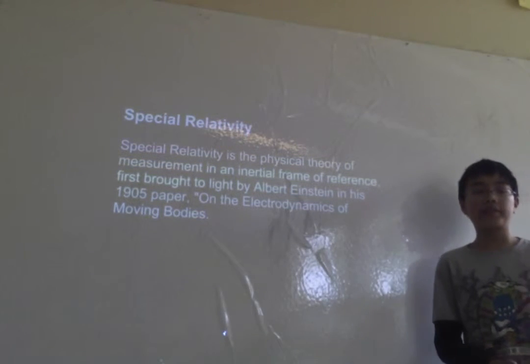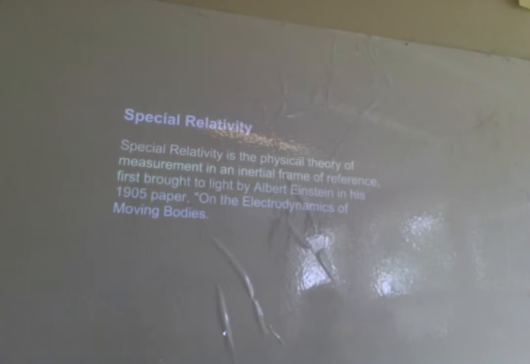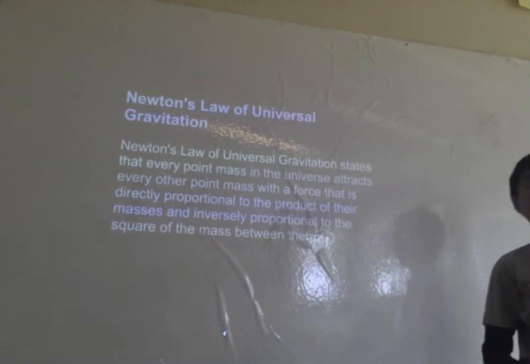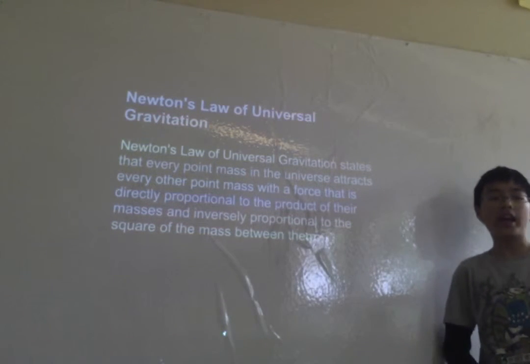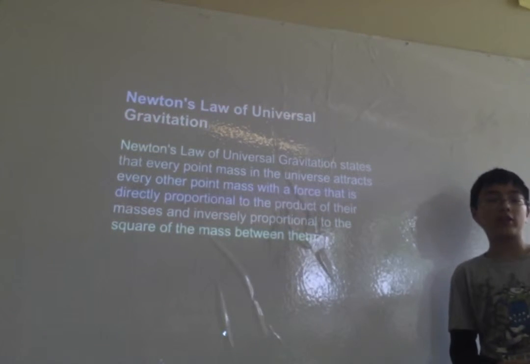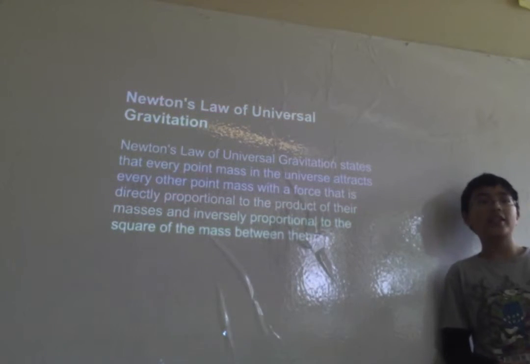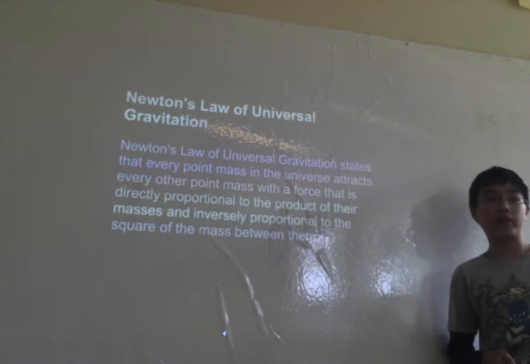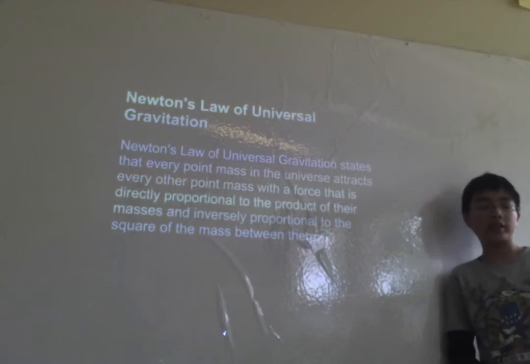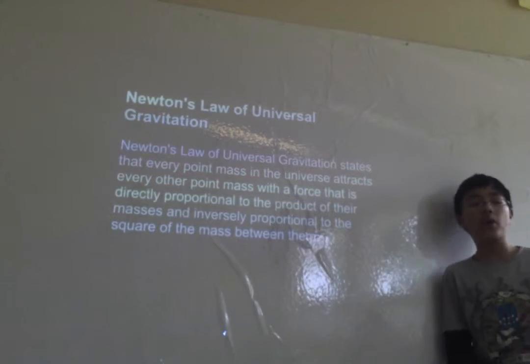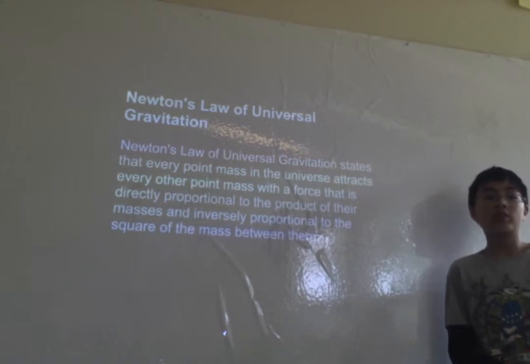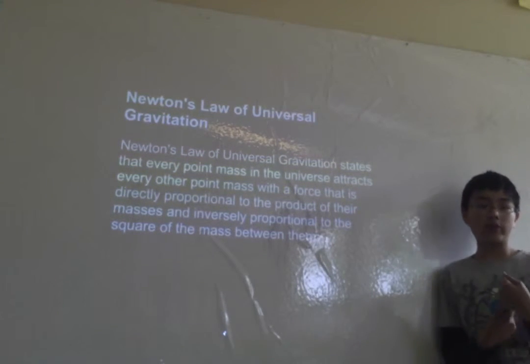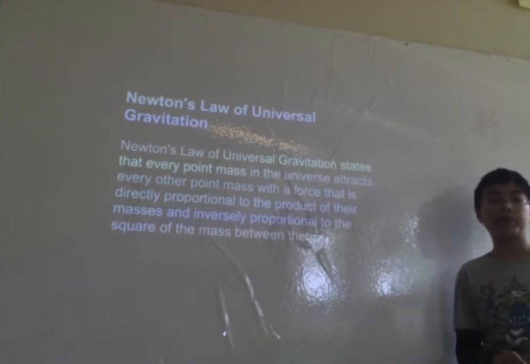And then here we have Newton's law of universal gravitation. His law states that every point mass, basically every piece of something in the universe, attracts every other point mass with a force that is directly proportional to the product of their masses and inversely proportional to the square of the distance between them.